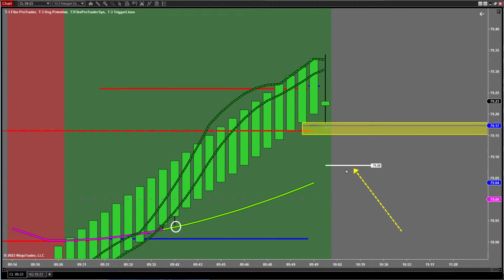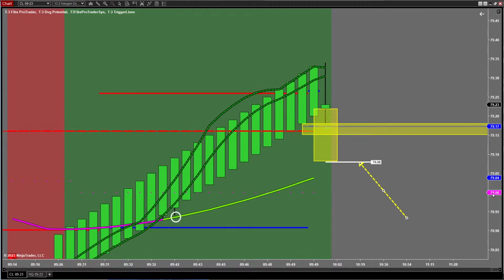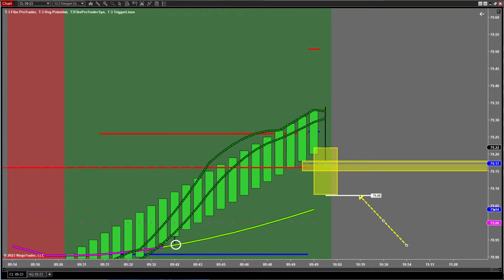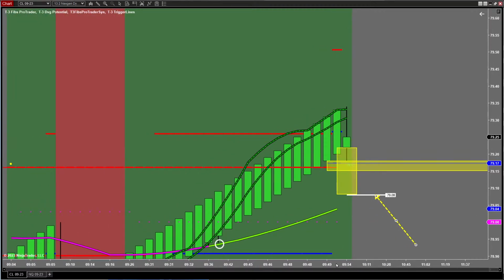That's the price at which we'll make another 13 ticks down and then start making down bars. So if we don't actually go to 7908, we're never going to make a down bar. Which means what? If we're making up bars and our triggers are up, what are we going to be doing? We're going to probably be going long.